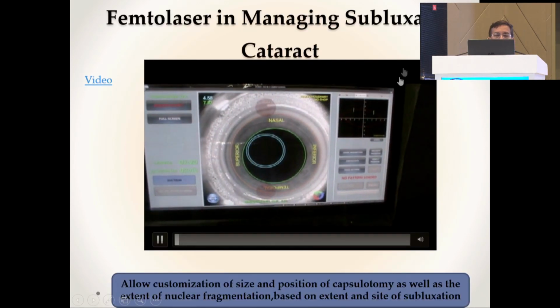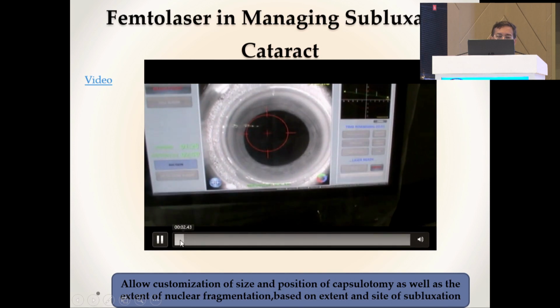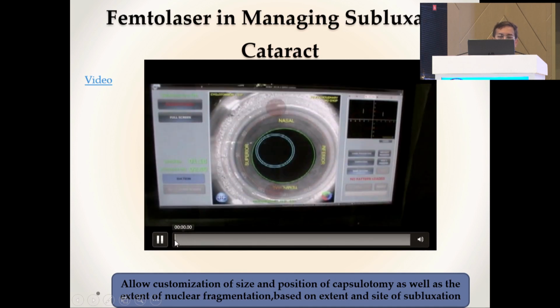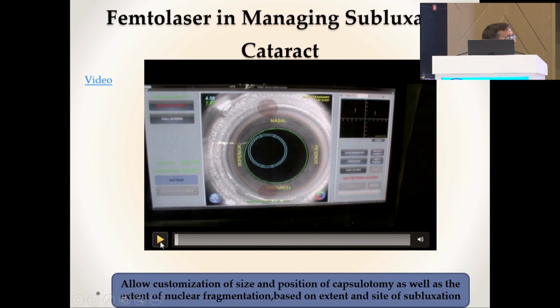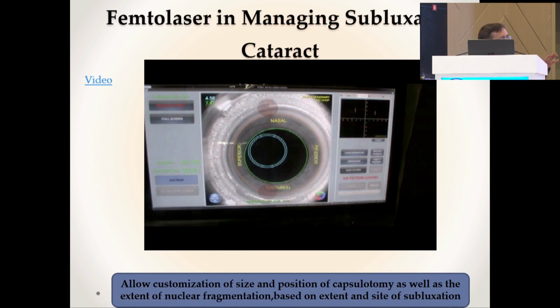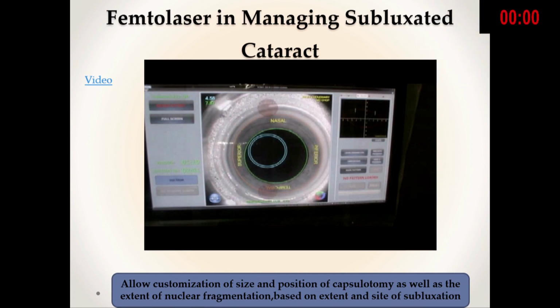Another important tool is the femto laser. The advantage of the femto laser is in making the capsular rexis, because in a subluxated cataract, making the rexis is difficult, as it puts more stretch on the zonules.